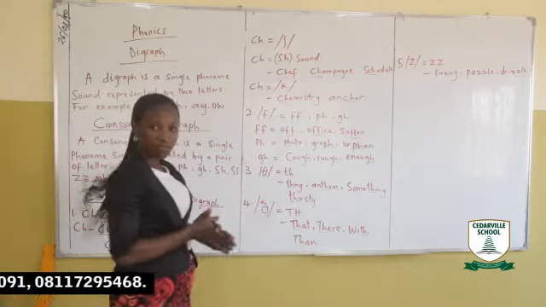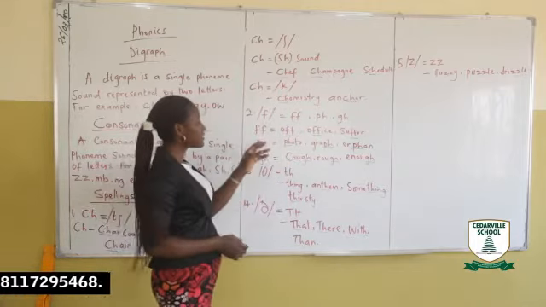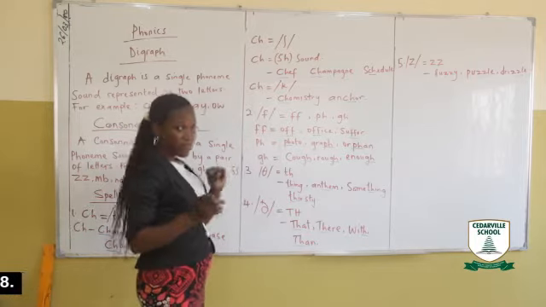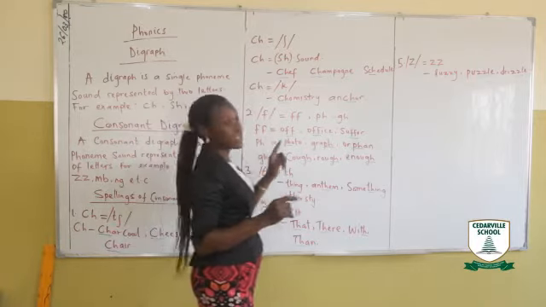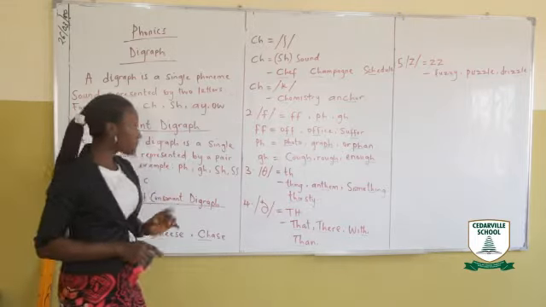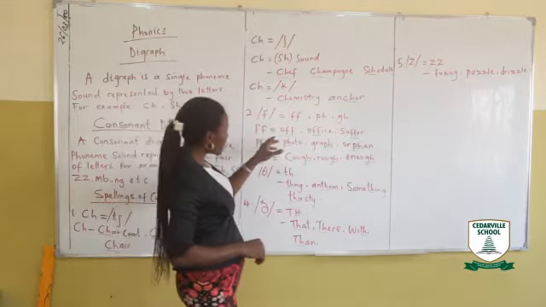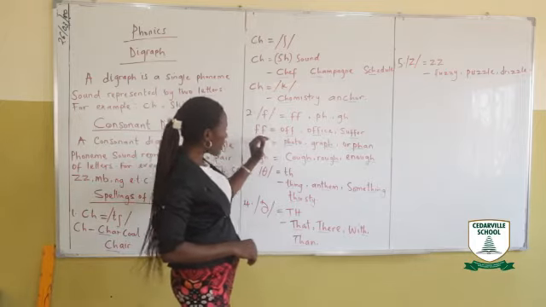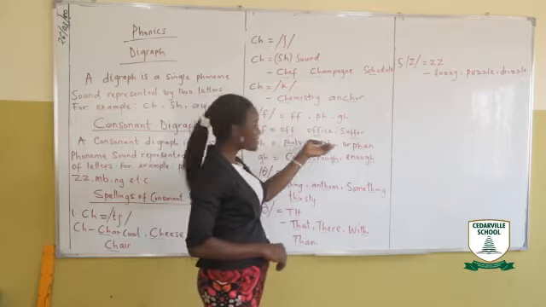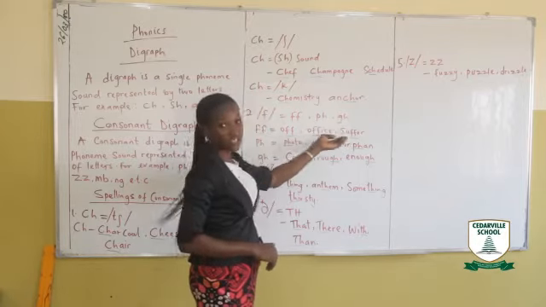Okay, moving on to number 2 now. We have the sound of the digraphs FF, PH, and GH, all sounding f. Now we have the digraph FF: office, suffer.